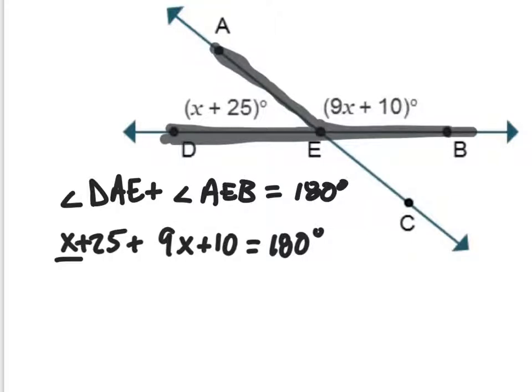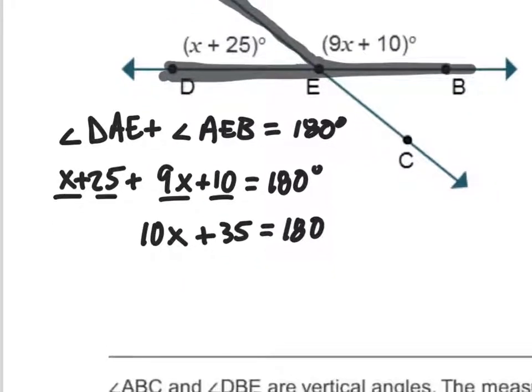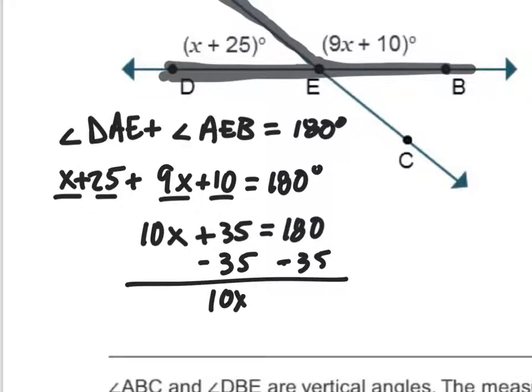So I have my like terms: x plus 9x gives me 10x, and then 25 plus 10 gives me positive 35, and that's equal to 180. I'm just solving this for x. Then I'm going to subtract 35 from both sides. 35 minus 35, so we get 10x is equal to 145.